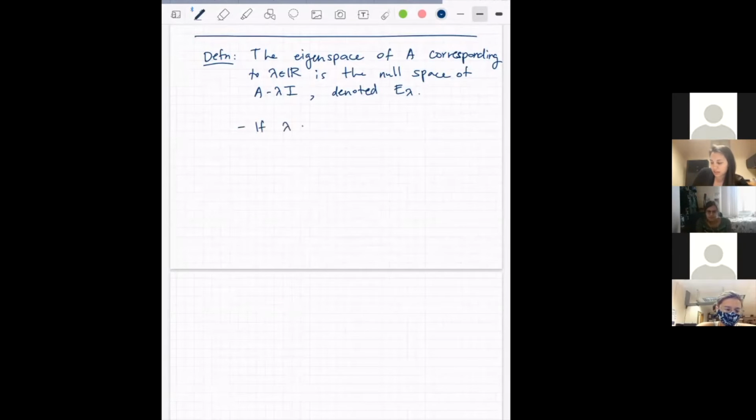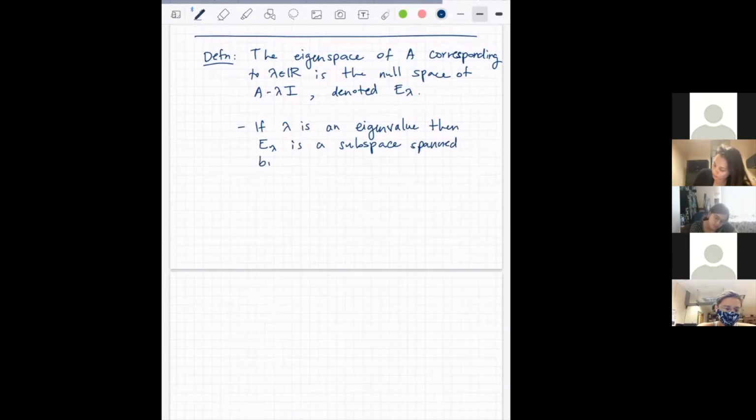Okay, then if lambda is an eigenvalue, then E sub lambda is a subspace spanned by one or more vectors, right?